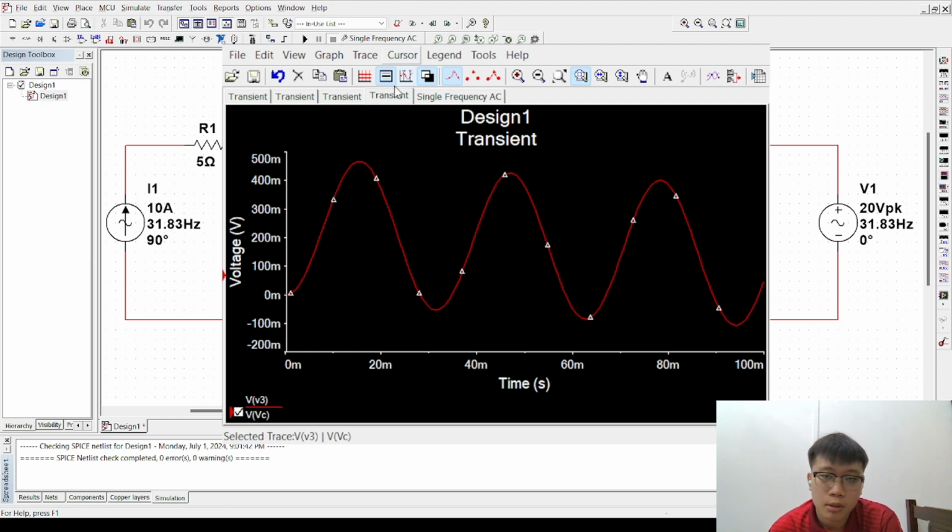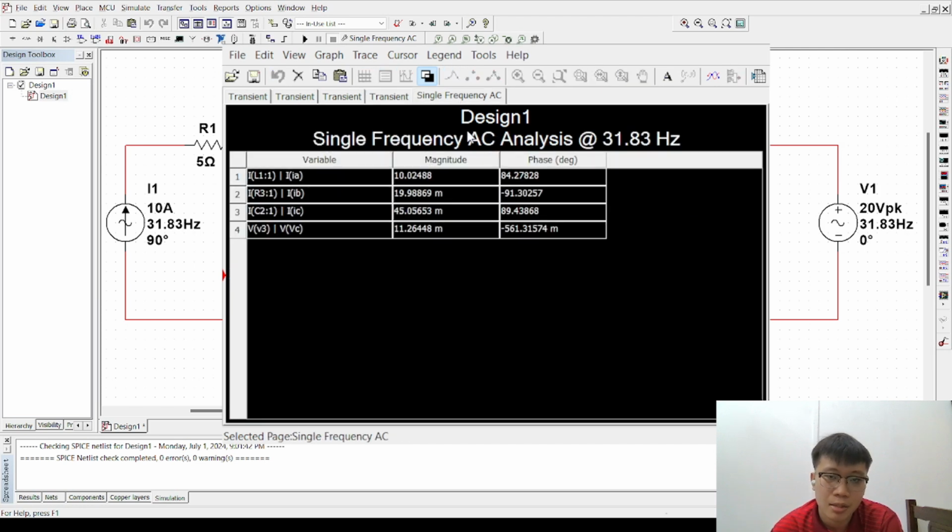Next, for the graphs of IC and also VC, we can see that the amplitude is slightly different from the calculation result. The mismatch happens due to the phase difference and the impedance effect within the RLC circuit.